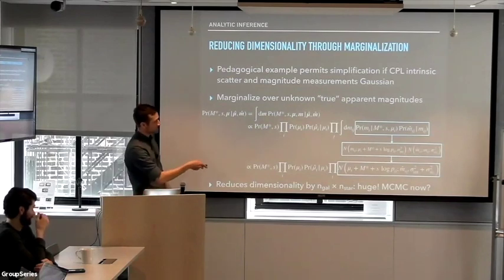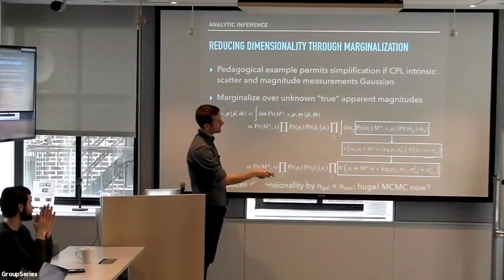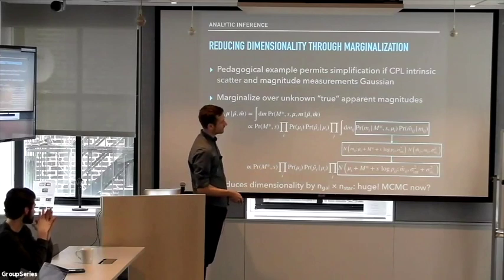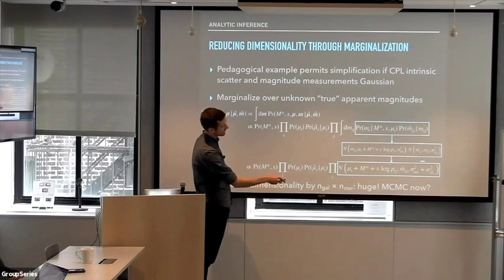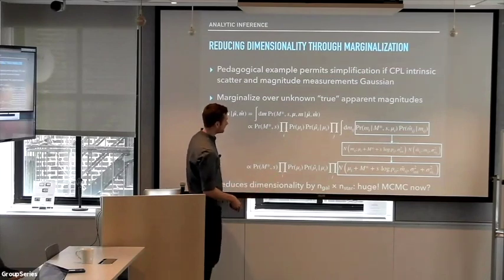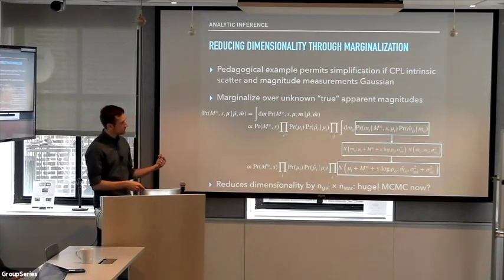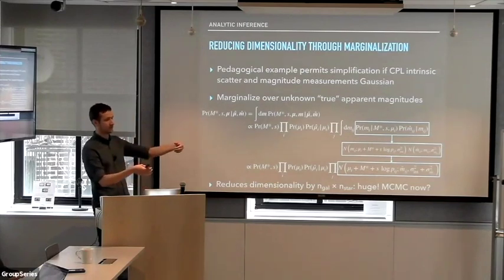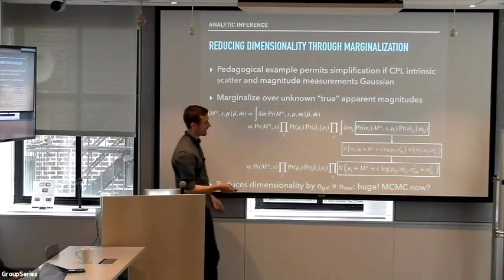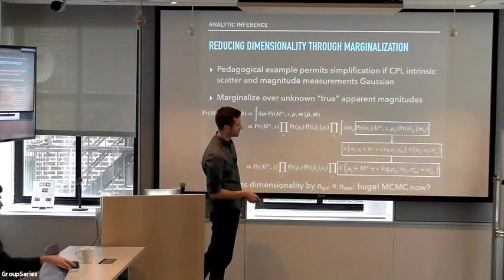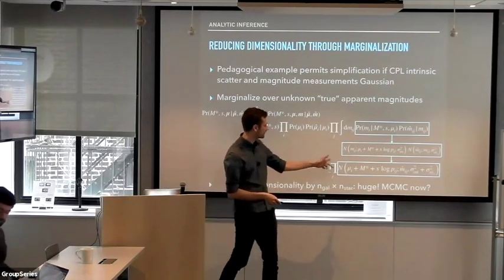Then we can do this step to rearrange it into a single normal that has this mean and this variance, where we shuffled all of the other terms into something that doesn't depend on the true magnitudes at all.